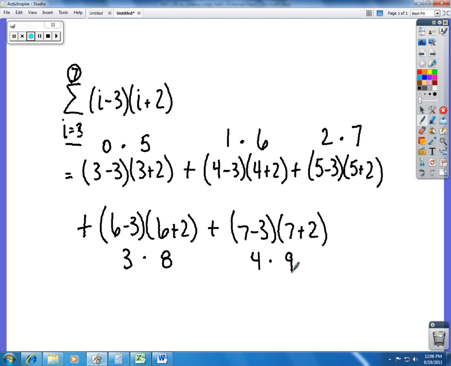Okay, so now I have a whole bunch of numbers that I can just add up together. So 0 times 5 is 0, 1 times 6 is 6, 2 times 7 is 14, 3 times 8 is 24, 4 times 9 is 36.